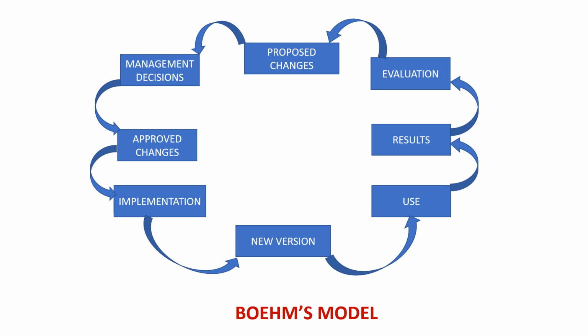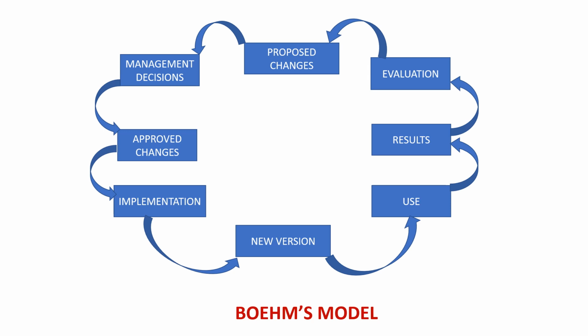So management decisions will be taken, and according to the management decision, there will be a set of approved changes. Those changes that are approved at this stage will go for the implementation process. The approved changes will be implemented at the implementation stage, and that will be given for the coding process, that is a new version of the software.